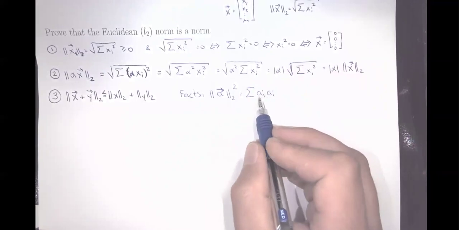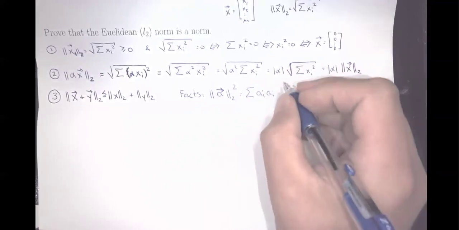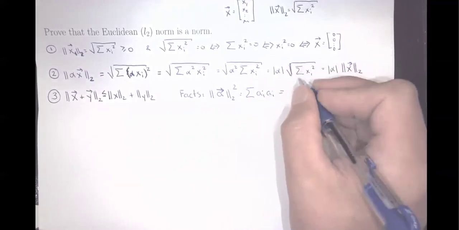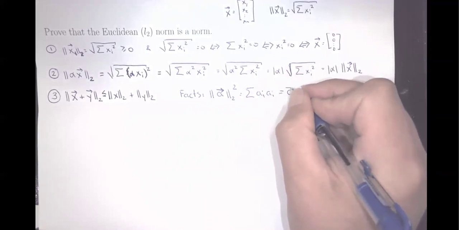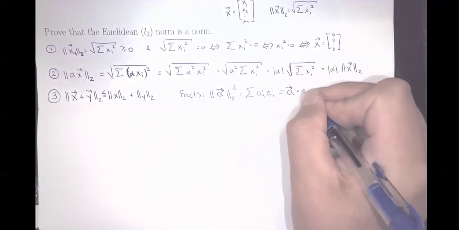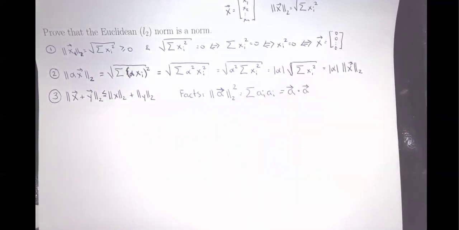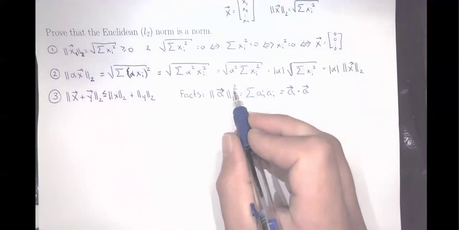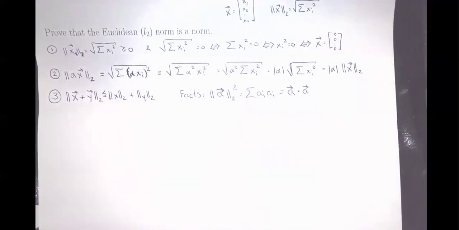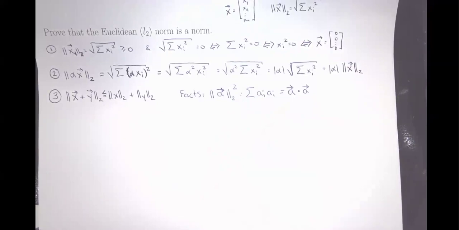It's the components squared, which is the same thing as vector A dot vector A. So it's the same thing as the dot product, right? So any 2 norm squared is the dot product of what's inside it.